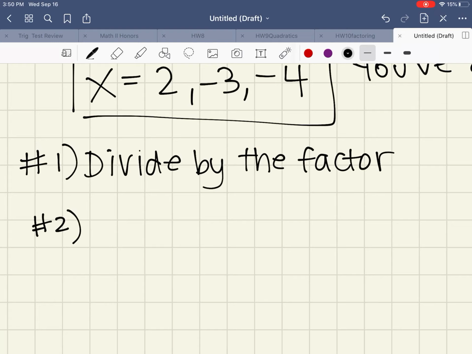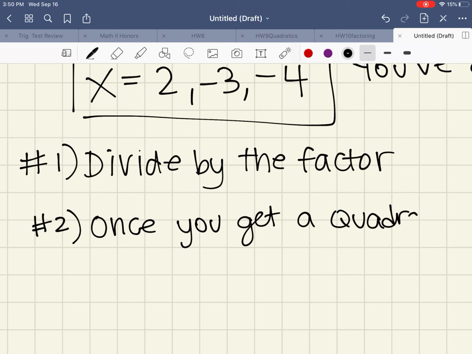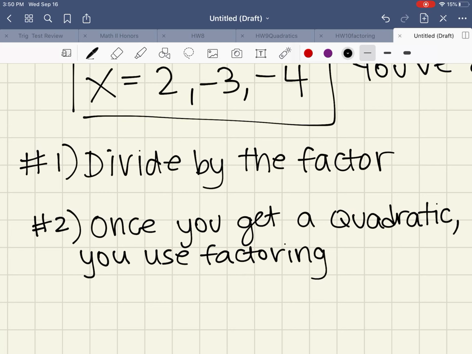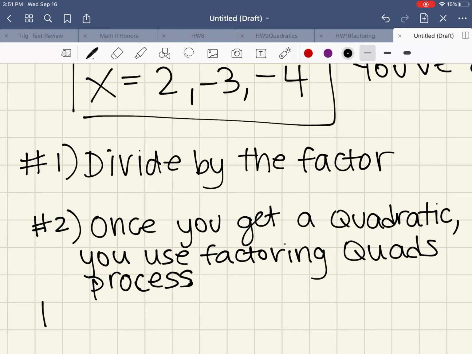Second step, once you get to a quadratic, use the factoring quadratics process. I'm just going to write factoring quads process. And that's the 7 steps that we talked about before.